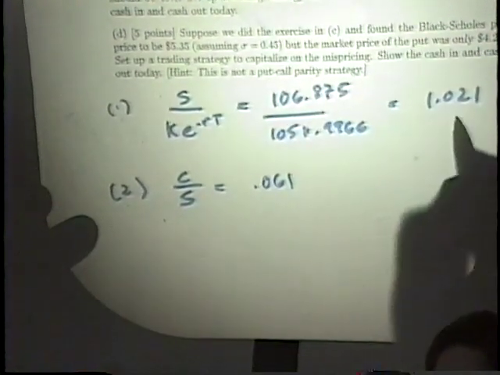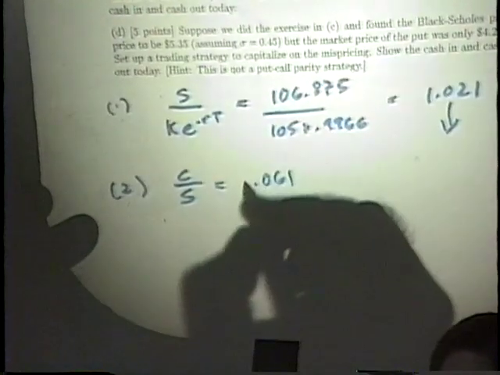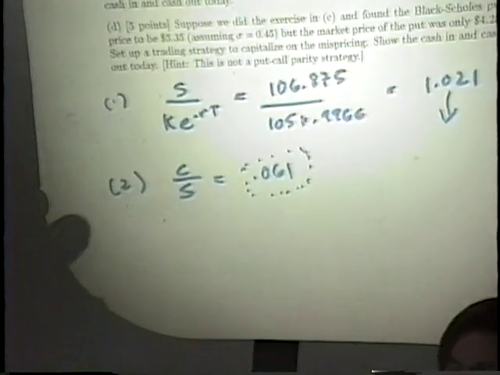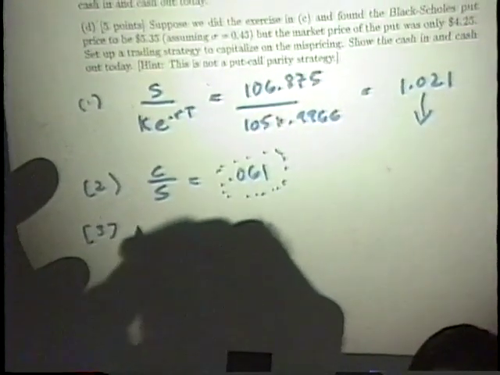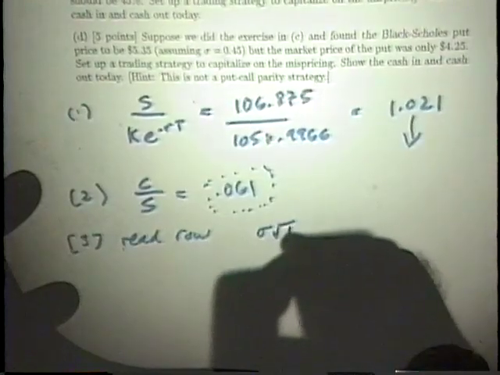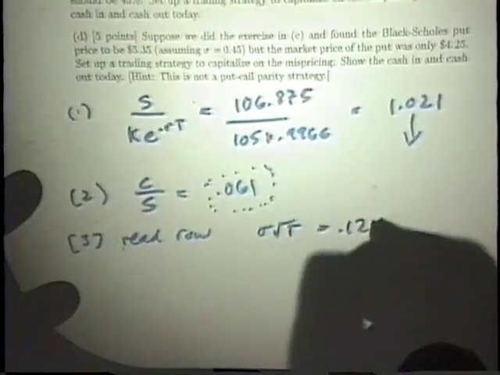So we're going to look down the column, and we're going to search for the cell 0.061, and we're going to read off the row. So we're going to read the row, and when you do that, I actually calculated the row to be 0.125.